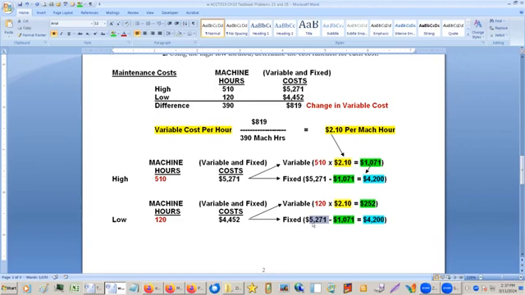So the total variable and fixed is 44,052. So if we just subtract out the variable, you should get the same 4,200. Yep. Okay.